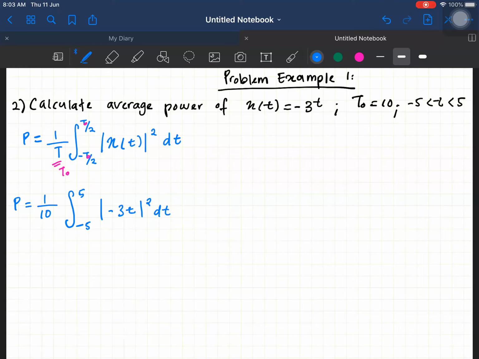Now you can simplify. Here you have a constant, so you can take it out, and if you square it you will get 9. So you will have 9 over 10, from minus 5 to 5, t squared dt. Now you can integrate.